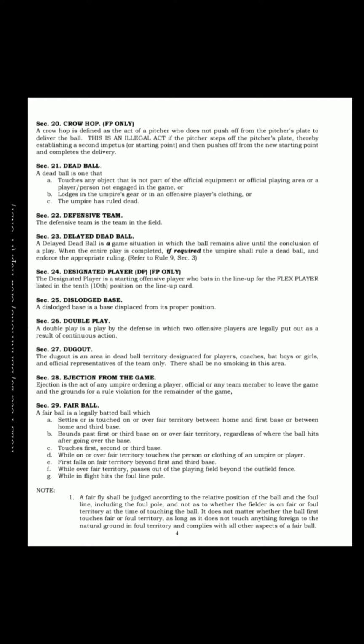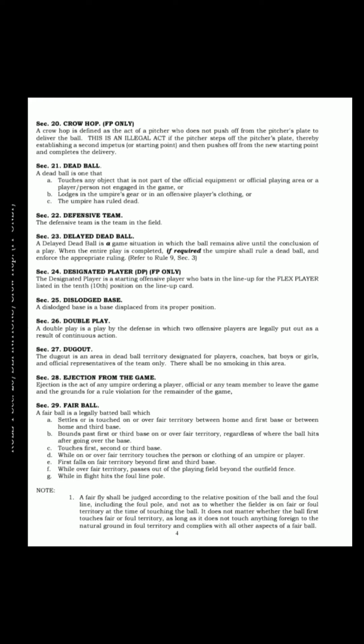Section 29. Fair ball. A fair ball is a legally batted ball which A. Settles or is touched on or over fair territory between home and first base or between home and third base. B. Bounces past first or third base on or over fair territory, regardless of where the ball lands after going over the base.